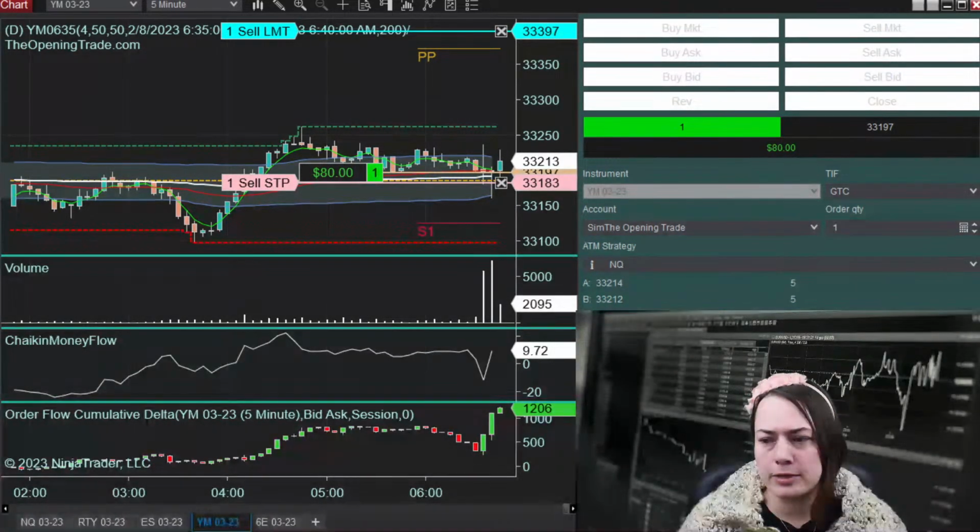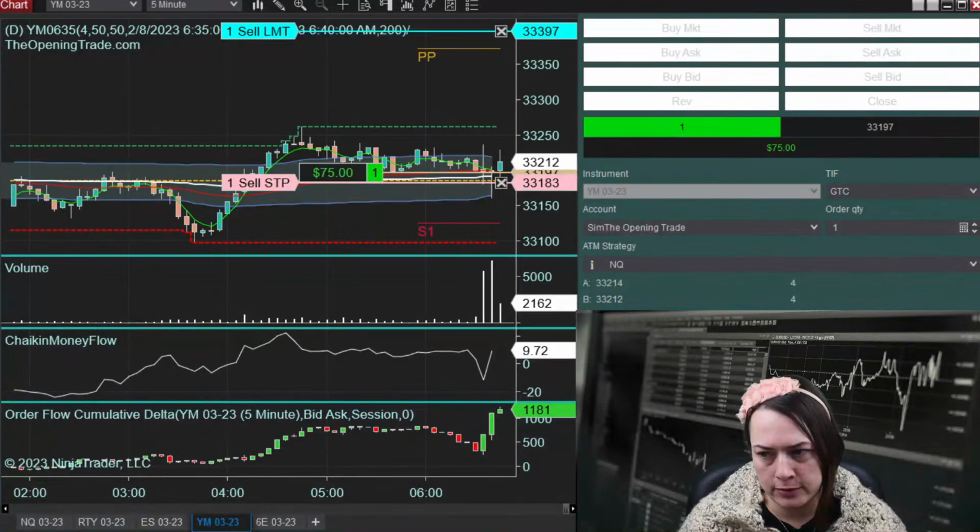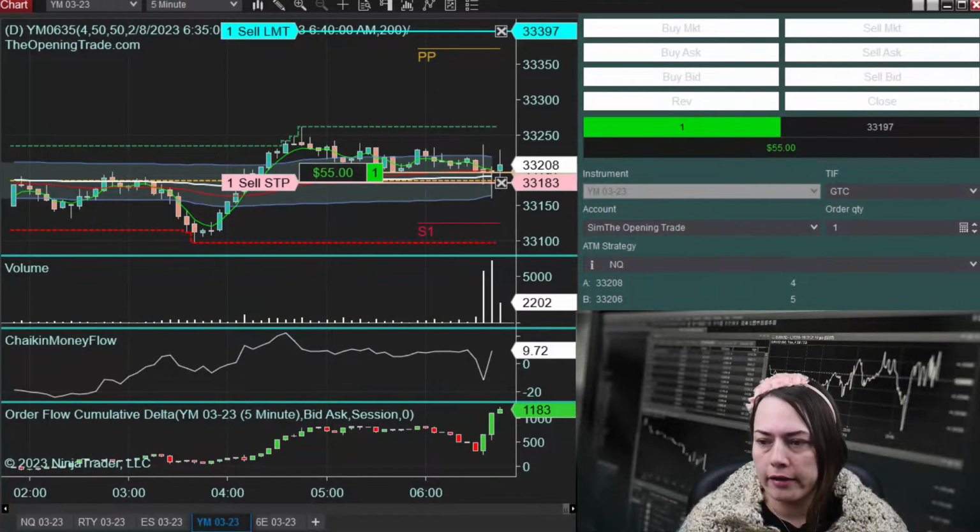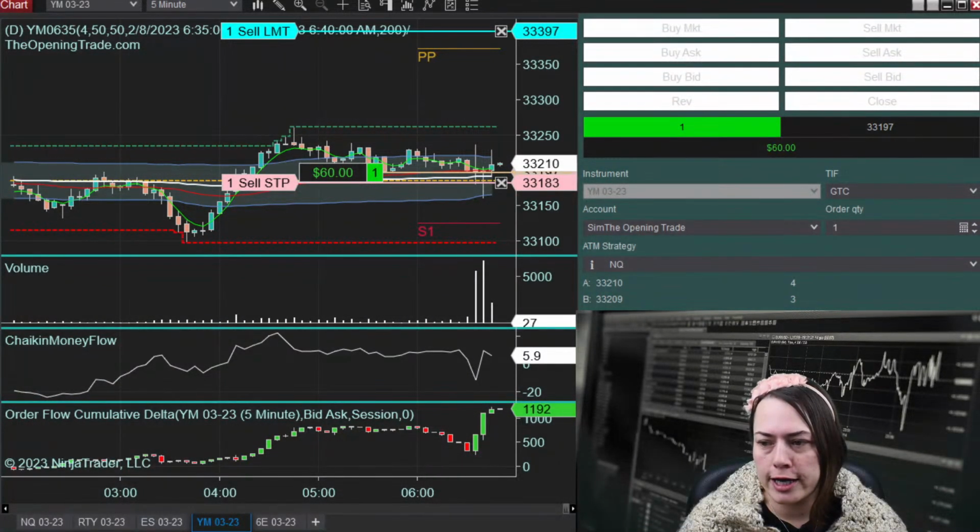But the thing that happens when I do that is if it turns around and falls down, I will be kicked out of my trade and my trade for the day will be done. So these are the kinds of things that you need to know and understand because I'm just doing one trade a day on the market here. So this is my one trade.